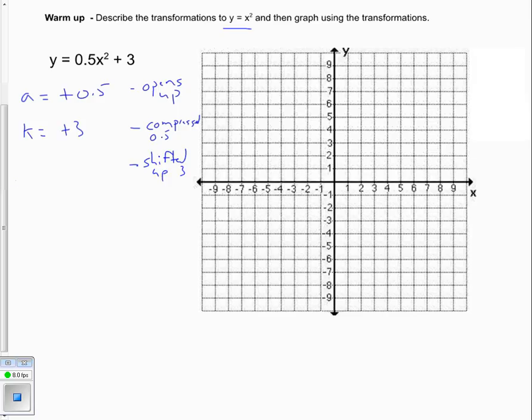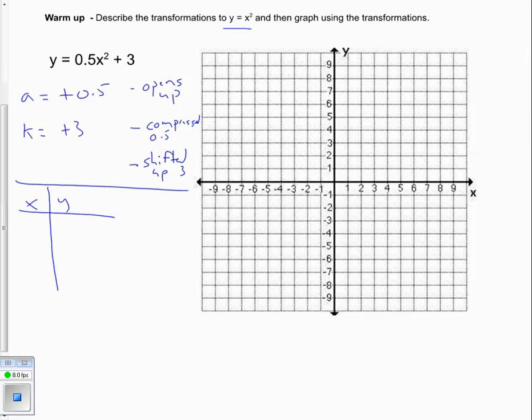Now that we've described it, the next thing we need to do is graph it. We talked about the step pattern last time. To rehash, the step pattern for a basic parabola is the over and up. The over is the x coordinate, and the up is the y coordinate.